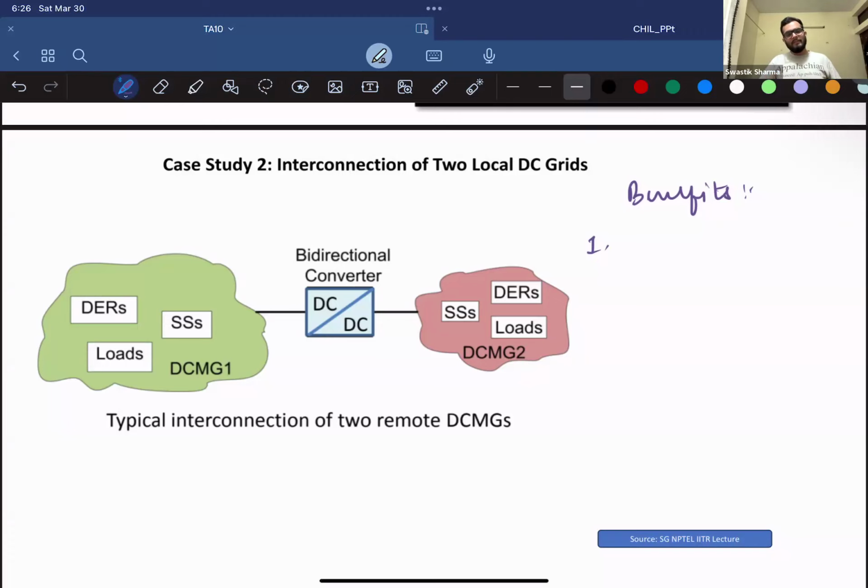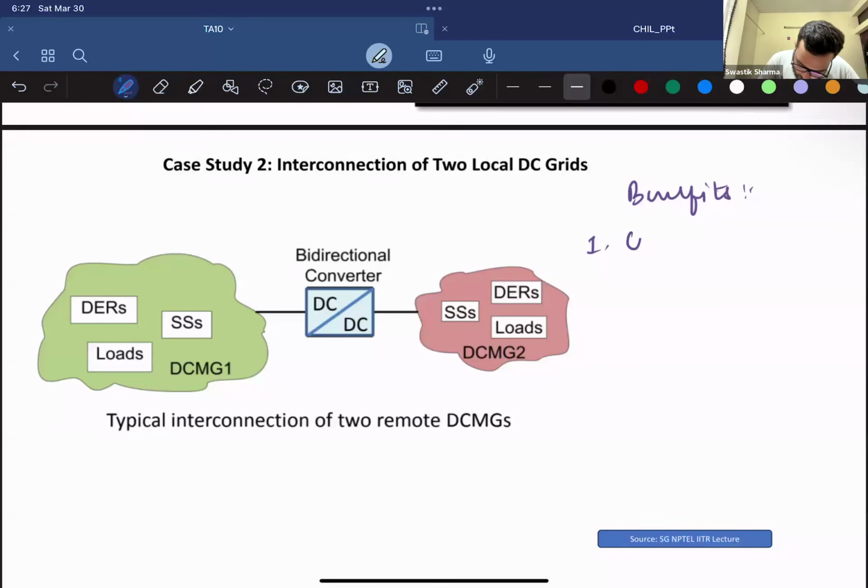Okay, so if you have a larger variety of system, let's say a larger system, you would be able to cater to a larger amount of loads. Let's say in DCMG2, the power to be consumed by the load suddenly becomes higher than the generation available. Interconnection would let you trade power from each other.